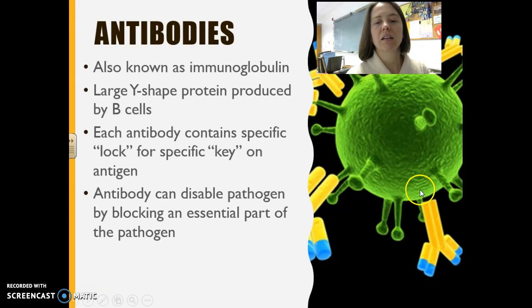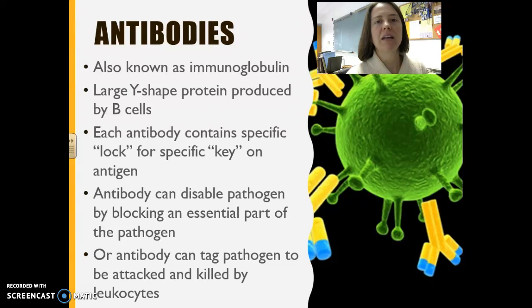So let's say the locking key is here, and this antibody, it would actually be the blue sections that would go in on a specific part of a virus. And maybe that's the part of the virus that needs to connect with a cell to invade the cell. So the antibody can disable some pathogens that way.